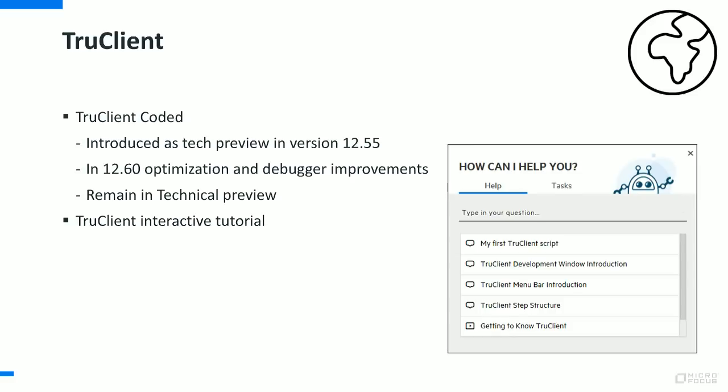Today, in 1260, we've made some optimization and debugger improvements. You can now benefit from expanded debugging functionality using an inspector panel, which enables a detailed review of variable values used in the code. This also includes improved support for the TrueClient IE browser on the Windows 10 OS.